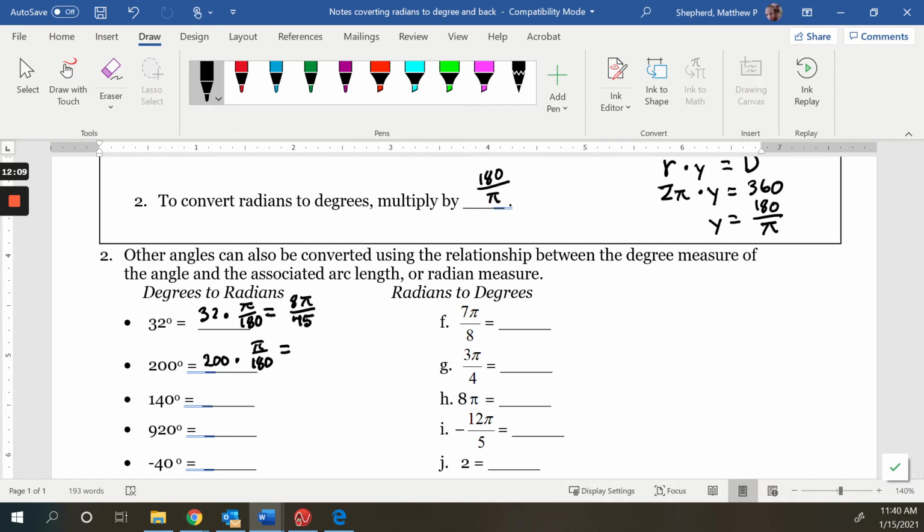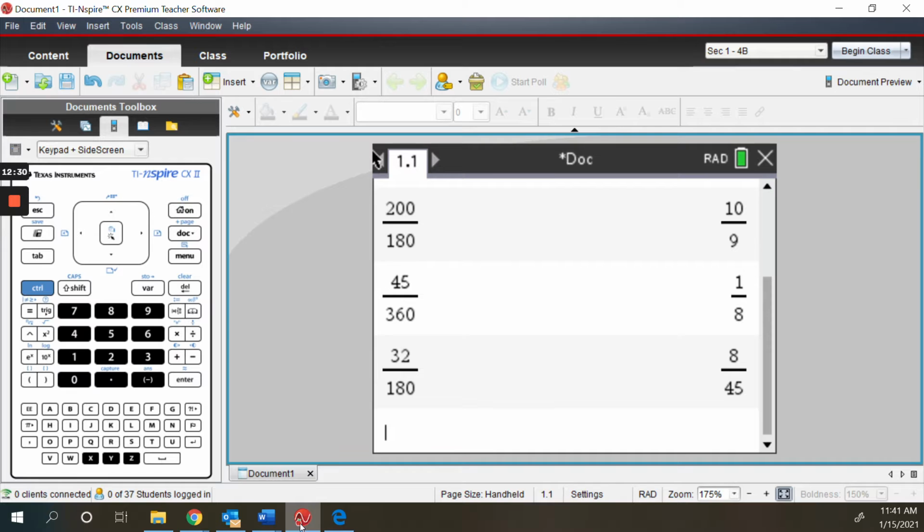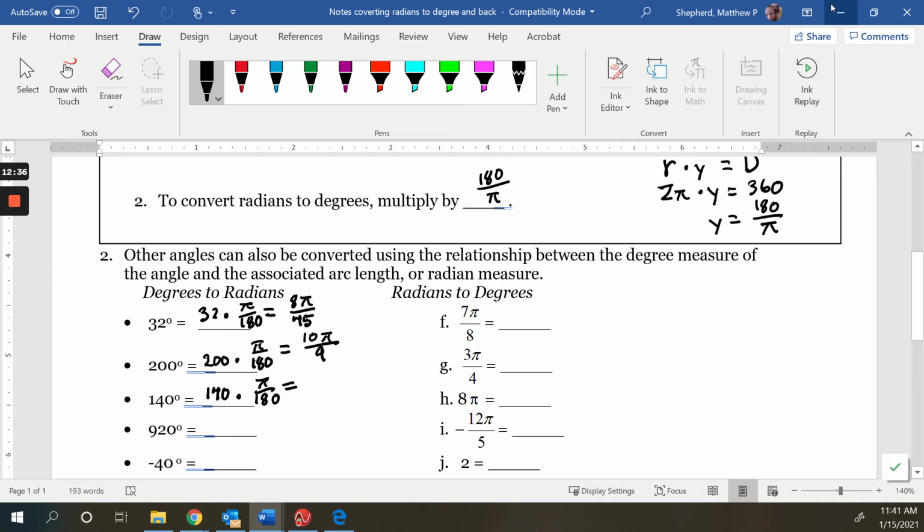So that's going to give us 10 pi ninths. 140 times pi over 180 is going to be equal to 140 pi over 180. To simplify that fraction, 7 ninths. So 7 pi ninths.